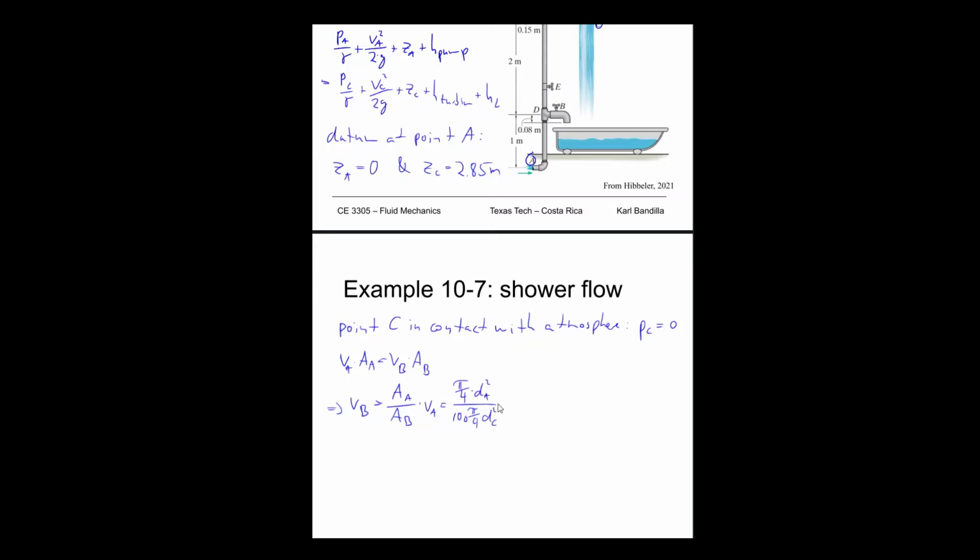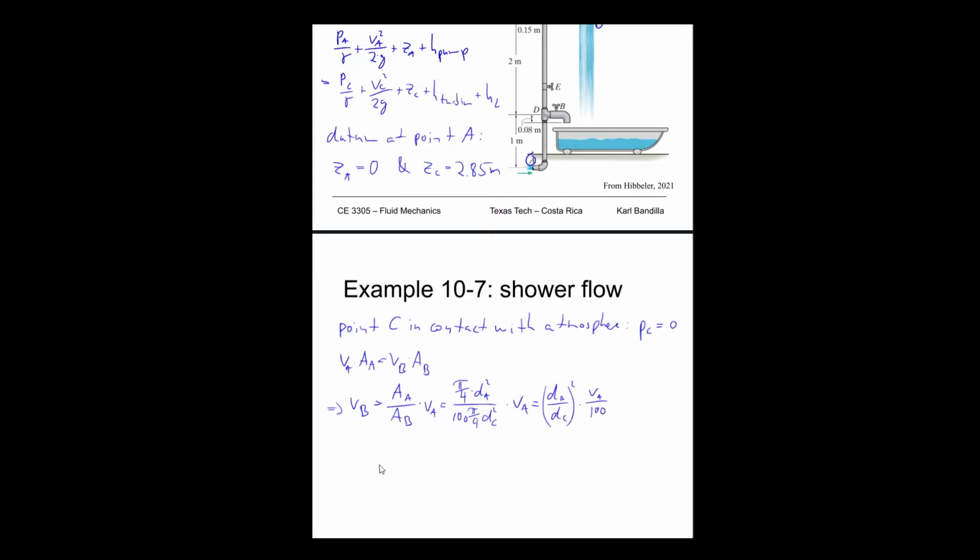It's not really the overall diameter at C, but we'll know what we mean. Times VA. Of course, that means that our pi over 4's cancel out. So we'd have dA over dC, that is squared. Now, careful you don't forget the 100, so let's divide the VA by 100.